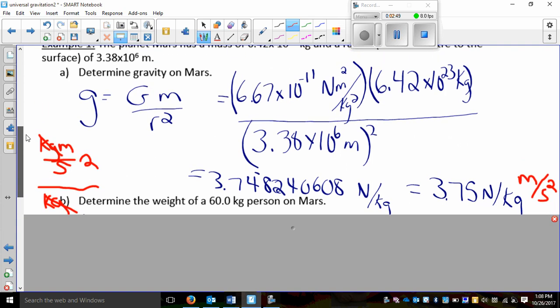Okay, it's really important that you're able to get these correct answers, these times 10 to the negative 11 times 10 to the 23, that you know how to use your calculators. We're always going to have funny numbers like this. So on your calculator, you're looking for a button. It might look like this, EE. That's how you do times 10 to the. Or you might have a button that says EXP.